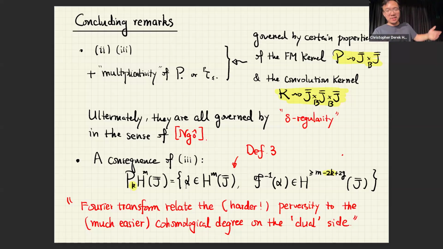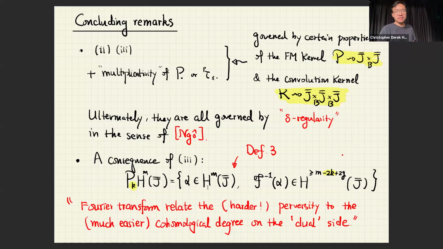In this story, this line is the answer. The k-th piece of the perverse filtration consists of those classes alpha such that, if you apply the Fourier transform, on the other side you only need to know that this class has larger cohomological degree.